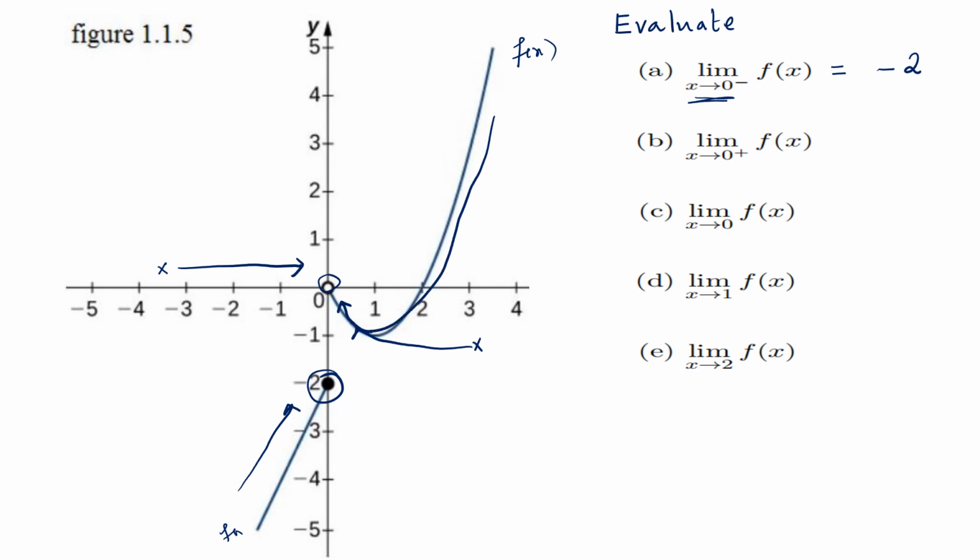The value finally is going to 0. We found the left limit at x equal to 0, and we found the right limit of f(x) at x equal to 0. Both are not equal. The left limit and right limit are not equal. So we can say the limit as x tends to 0 of f(x) does not exist.